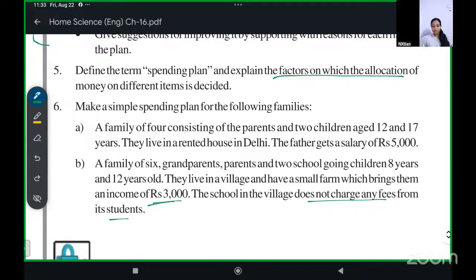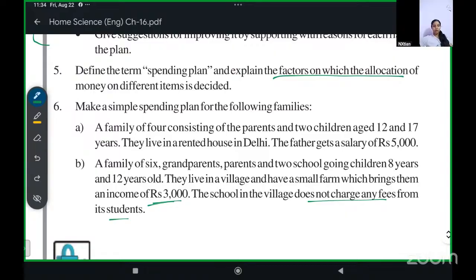I think so, but you can consider a government school which has a very less fee, under 500 only yearly. So for the first one, you can consider that. The second one, you can consider no school fee. But the rest of the things like food and all, you have to consider for both.